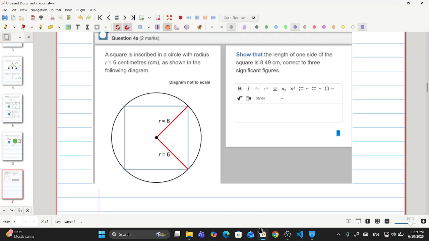A square is inscribed in a circle with radius r equals 6 centimeters as shown in the following diagram. Show that the length of one side of the square is 8.49. Now, this is a cyclic quadrilateral, but no rule for a cyclic quadrilateral was supposed to be applied here. What's fascinating is that you should understand that this is an isosceles triangle as well.